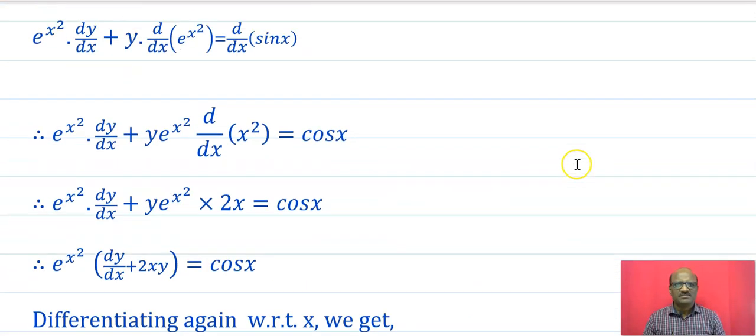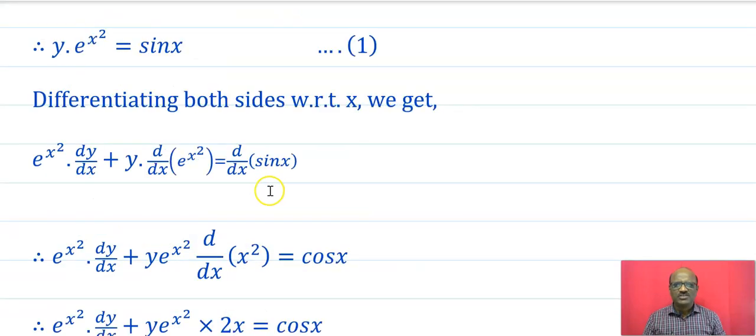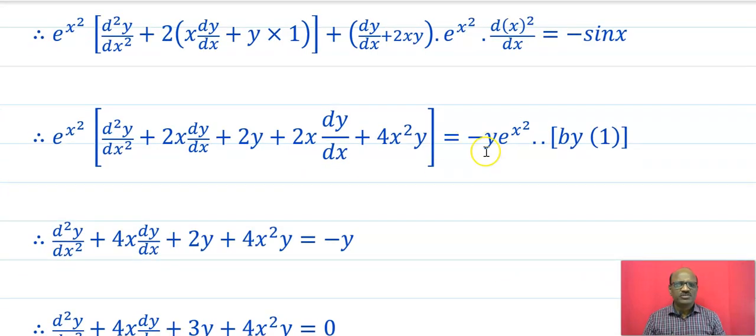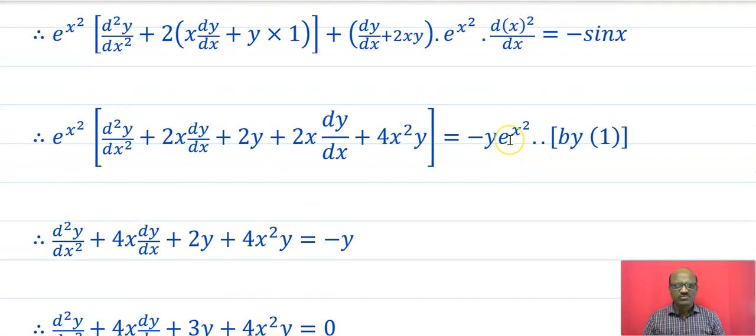Now see this here. What is the value of sin x? The value of sin x is y into e raised to x square. Therefore we are substituting here sin x, its value is y into e raised to x square. Therefore you will get e raised to x square on the right hand side and e raised to x square on the left hand side. We can cancel it. Therefore you will get d2y by dx square plus 2x dy by dx and 2x dy by dx, which will become 4x dy by dx.